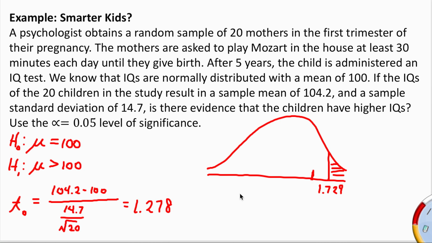So mu sub naught is 100, x bar is 104.2, standard deviation 14.7, n is 20. This is a right-tailed test.